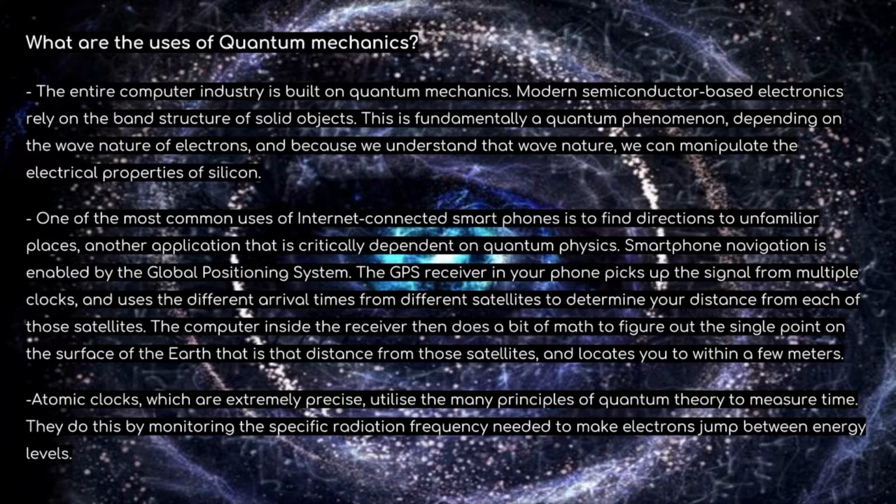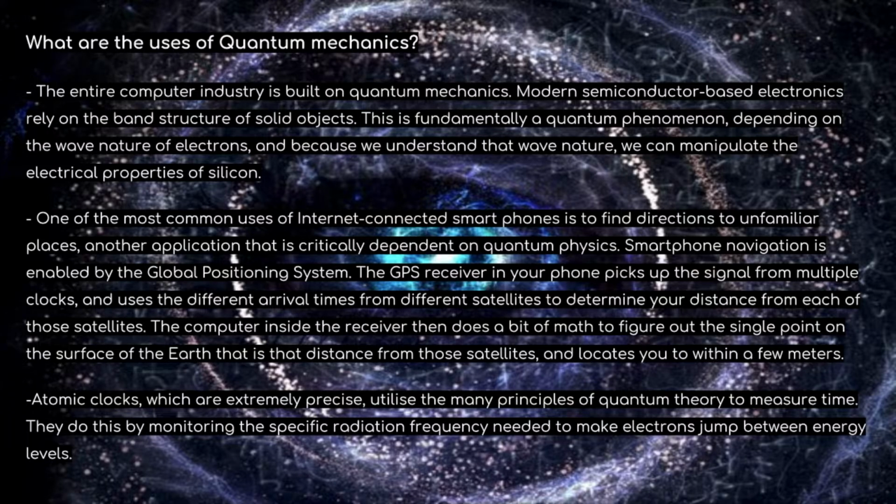The GPS receiver in your phone picks up the signal from multiple clocks and uses the different arrival times from different satellites to determine your distance from each of those satellites. The computer inside the receiver then does a bit of math to figure out the single point on the surface of the Earth that is that distance from those satellites and locates you within a few meters.